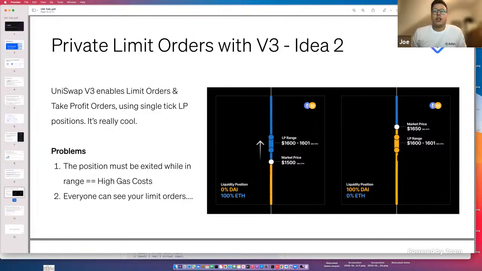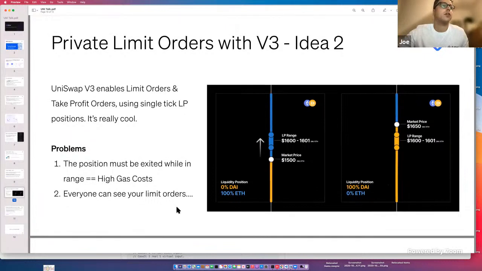So you need to act quickly and monitor your positions, which costs a lot of gas. Secondly, everyone can see your limit orders, and they can link different strategies together again, which is not ideal if you're trying to do hedging or any other types of orders.